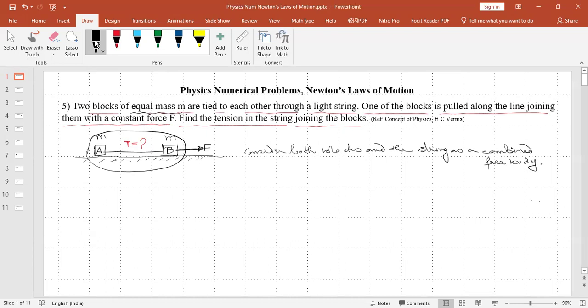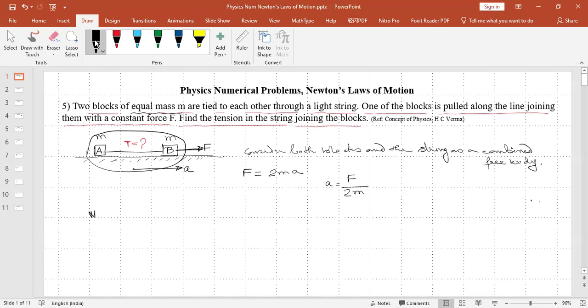And let us say both of them are moving with the acceleration a. Obviously, since both of them are tied together, the acceleration of both of them will be the same. In that case, we know by Newton's laws of motion, force F is equal to the total mass of them, 2m, into acceleration a. From here we find a is equal to F by 2m.